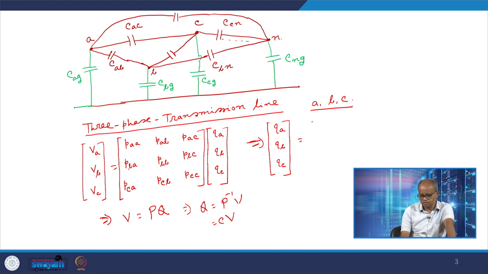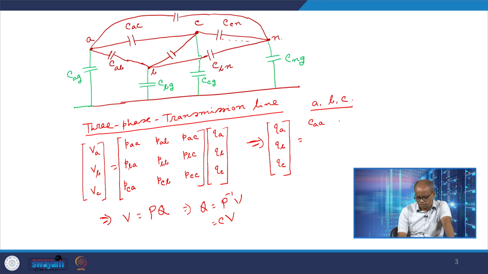is equal to CAA. Now, please note that we have already seen that all these coefficients are positive quantities. There is a matrix property that if we invert any matrix of which all the elements are positive, the diagonal elements will be positive, but all the off diagonal elements will be negative.